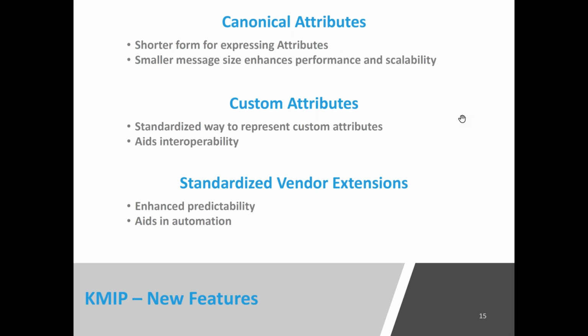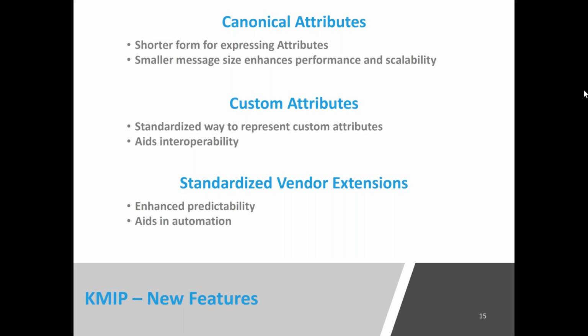Okay, we're down into the improvements. So canonical attributes. Whilst the KMIP specification was very clear in terms of dealing with attributes when you're setting them or modifying them or retrieving them, you would specify the attributes in their full text form. So effectively a text string identifying which kind of attributes. We have a structure in KMIP to reference those in canonical form, but given the compromises we made across the 1.x series as we were getting established, they weren't being used.